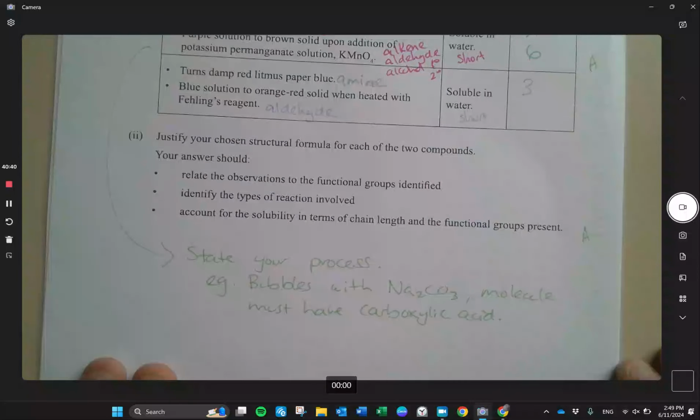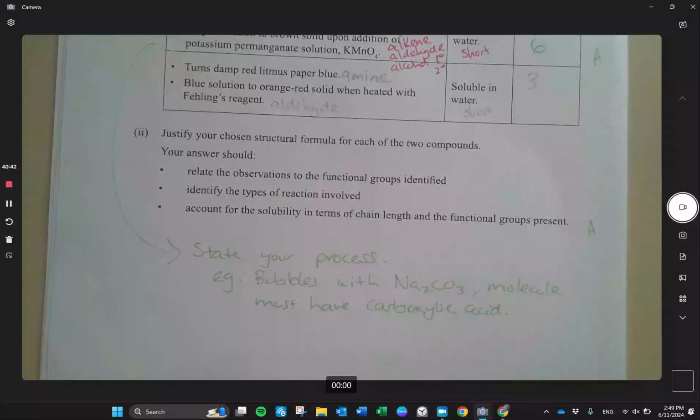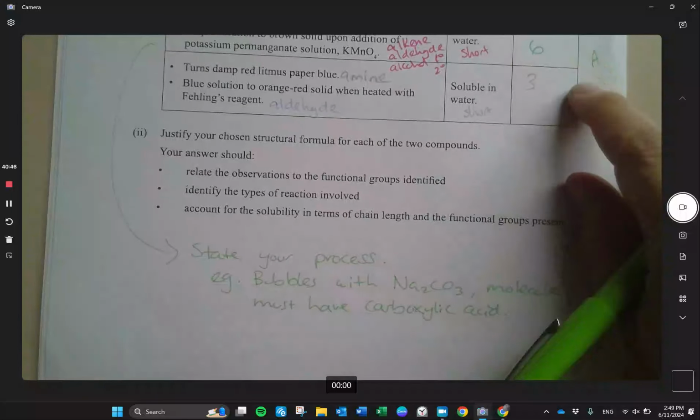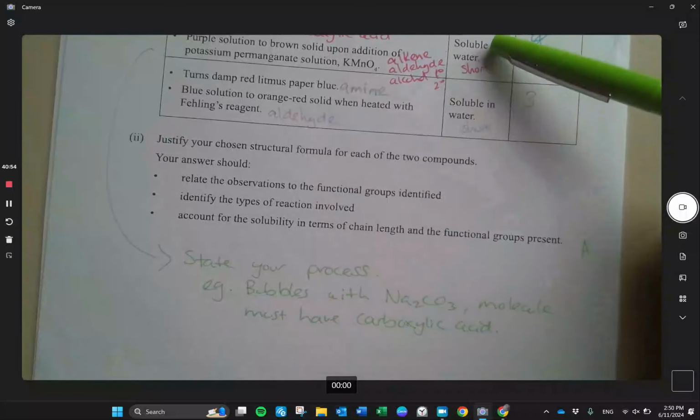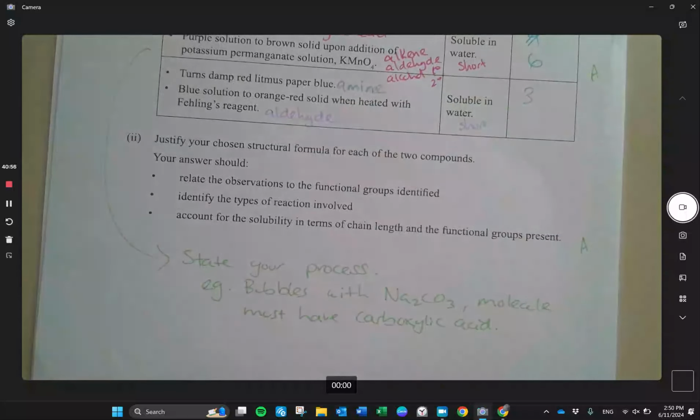State your process. You guys have done this, because that's the way you figured out 6 and 3. You just need to tell me one of them. Okay? So you have multiple. You have this one, this one, this one, this one, this one, this one. You have 6 ways you can explain it. Okay? And that would be your achieve point.